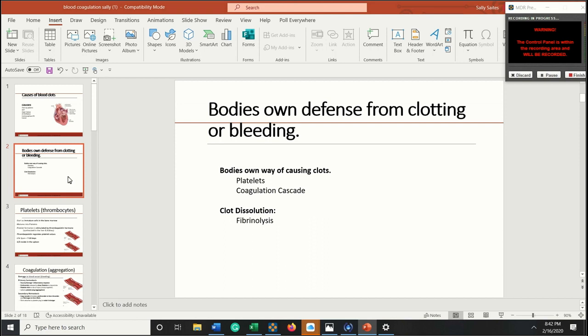It's just trying to protect ourselves. Our own body is trying to protect us. And then clot dissolution: our own body actually produces TPA, which we'll talk about in a moment, and that is circulating in our body all the time, and it is doing fibrinolysis, which is breaking down the fibrin inside a clot, which then helps it break down.